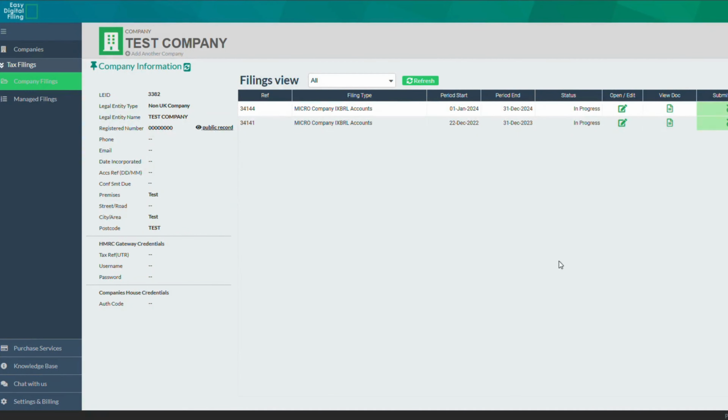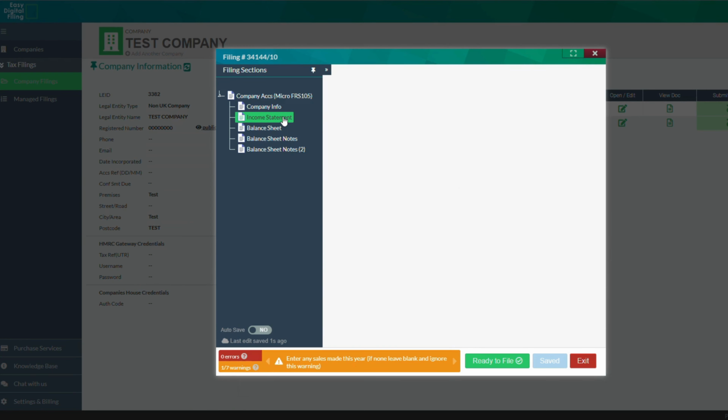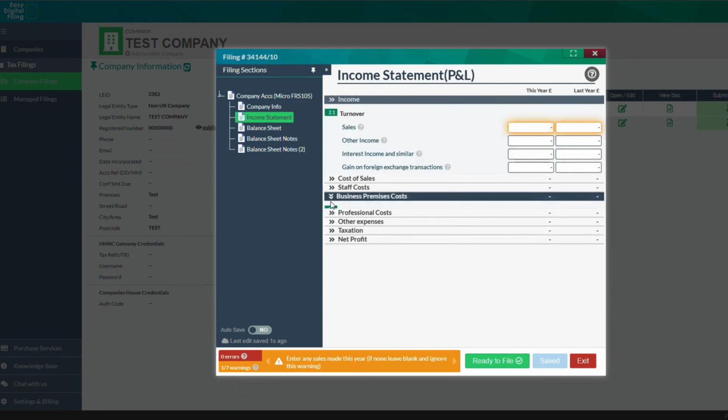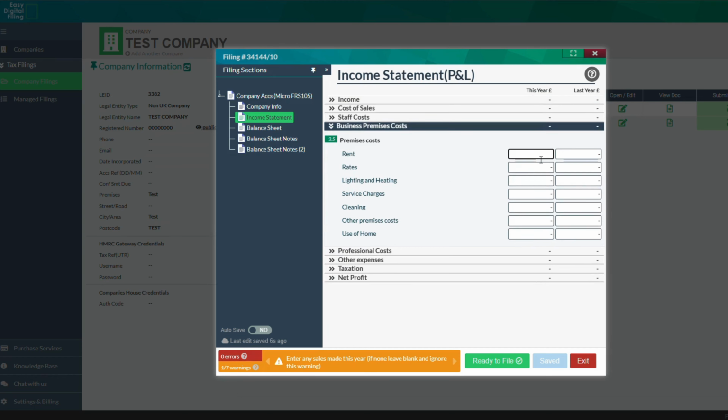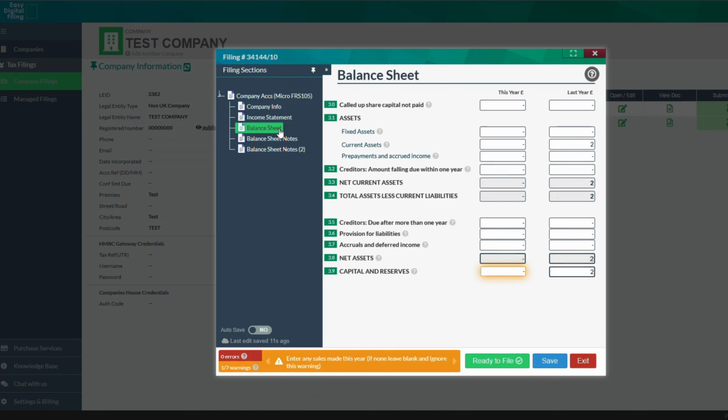Second year, paying expenses. You are now filing for your company's second accounting period, which has begun trading. Let's imagine that you need to pay £1,000 for your office rent, which is an expense in your income statement. However, you also take out a loan of £1,000 to cover this expense, which is reflected in the balance sheet. Now, your balance sheet will look like this.